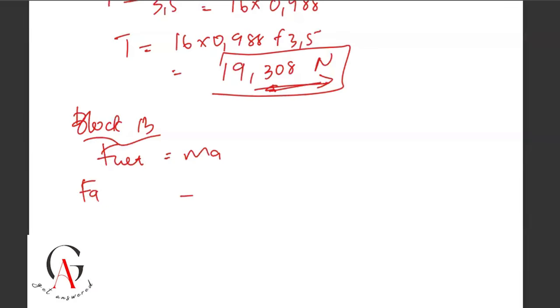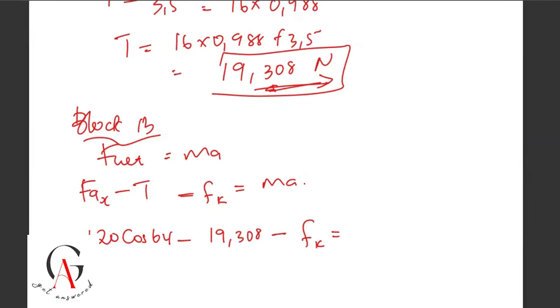So the FAX minus the tension minus the frictional force should give us the MA. So we said 120 cos of 64, subtracting the 19,308, subtracting the Fk, should give us 24 times 0,988.